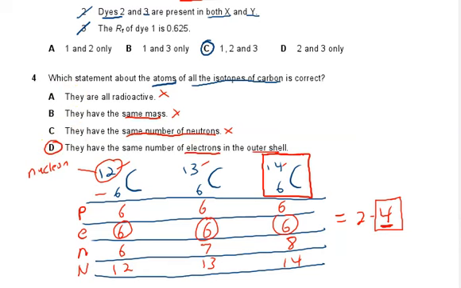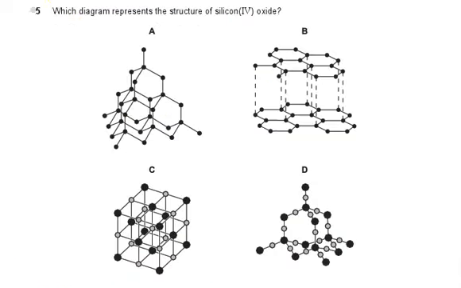Okay, now let us move to number 5. Which diagram represents the structure of silicon oxide? Okay, silicon oxide is this. These are the molecular formula. Now let us look at every structure here.